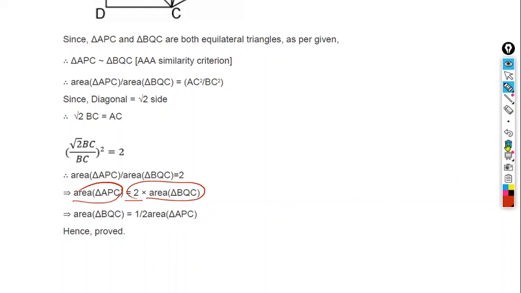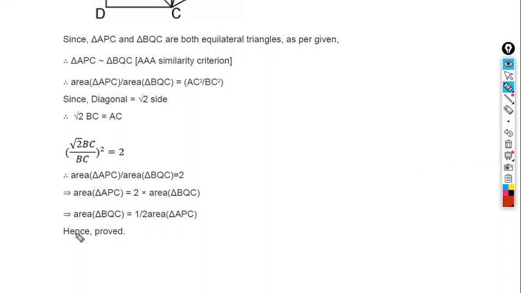Or in other words, if you move the 2 to the LHS, it will be into 1 by 2, isn't it? So area of triangle BQC is equal to 1 by 2 area of triangle APC.